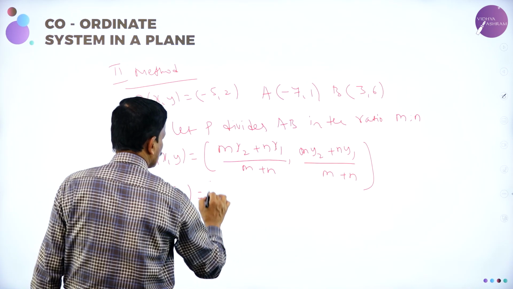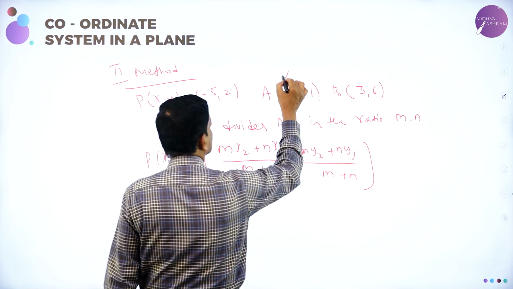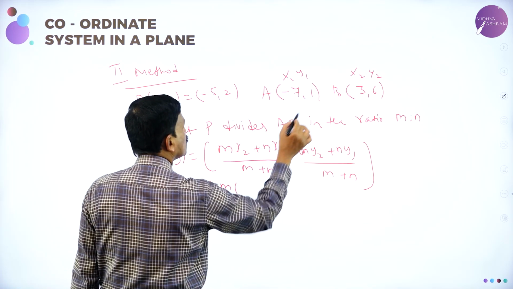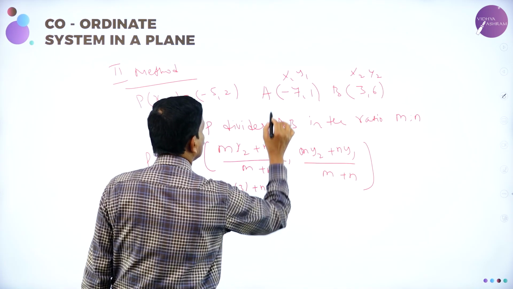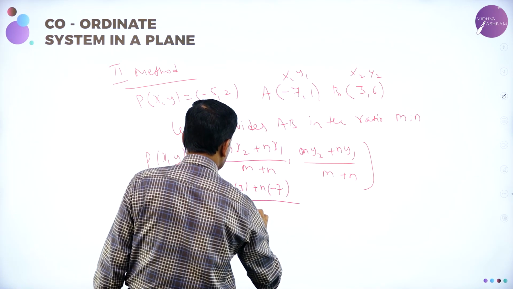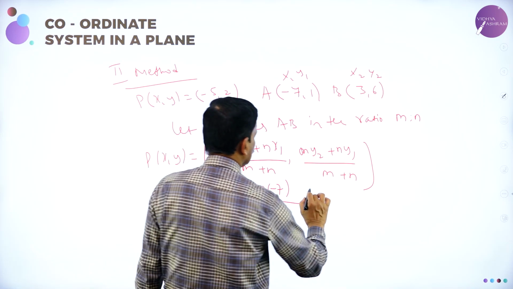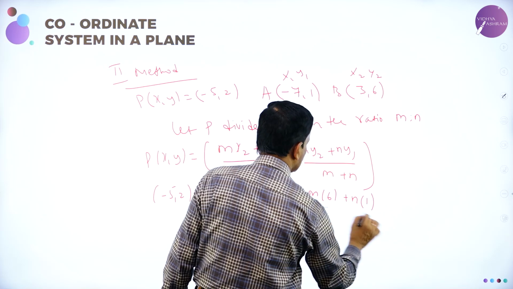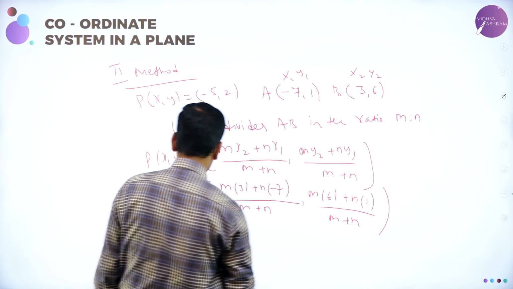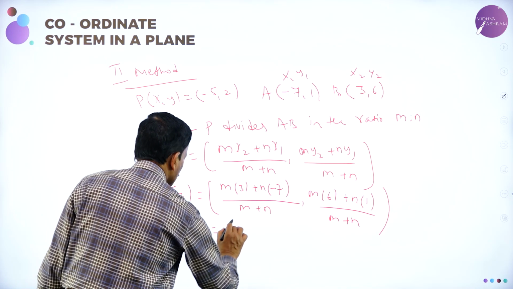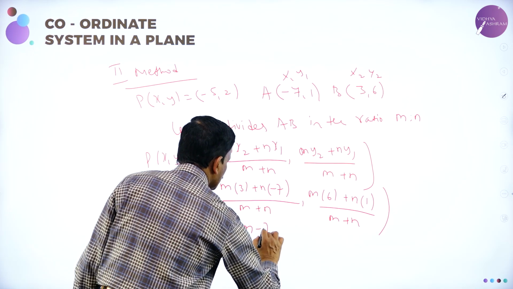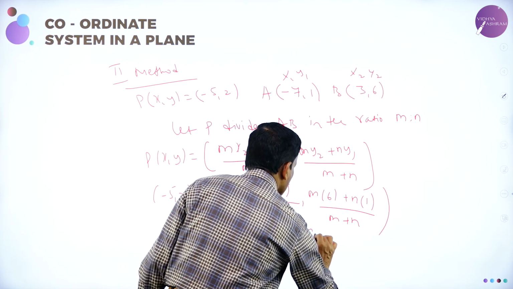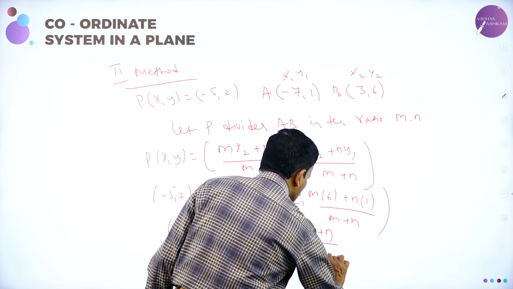With x1, y1 as A and x2, y2 as B, x2 is 3 and x1 is -7, y2 is 6 and y1 is 1. So (-5, 2) equals (3m - 7n)/(m + n), (6m + n)/(m + n).